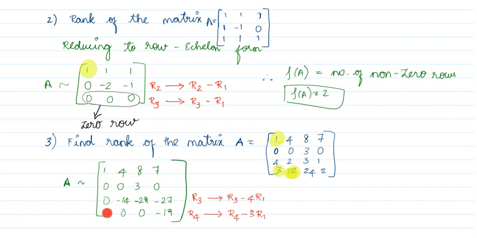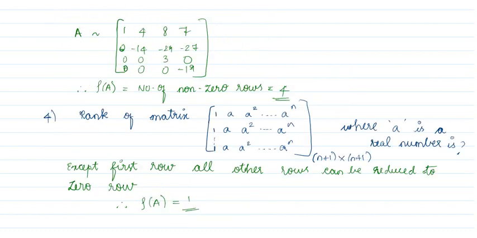If you want to make this element also 0, then you have to work with either R3 or R2, because if you operate within zeros, then it will not be disturbed. Otherwise, if you make any arithmetic operation with the first row, then this 0 will get disturbed, and we will not end up with the row echelon form. This is a caution.